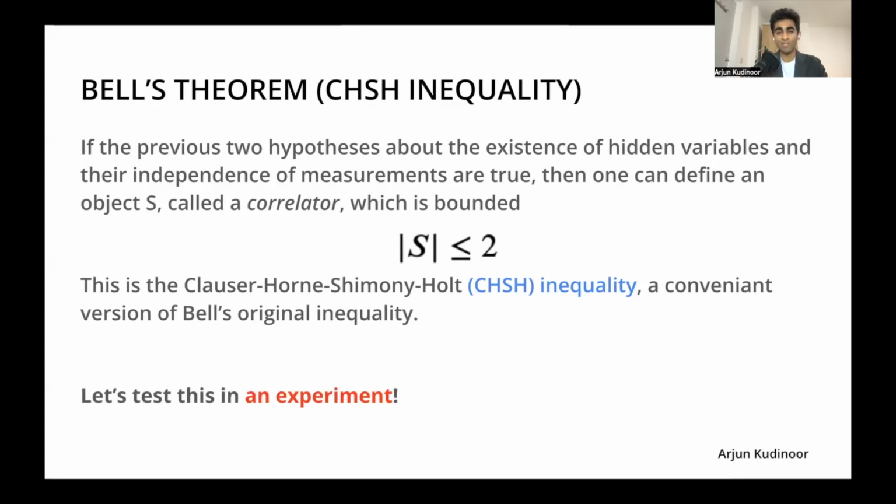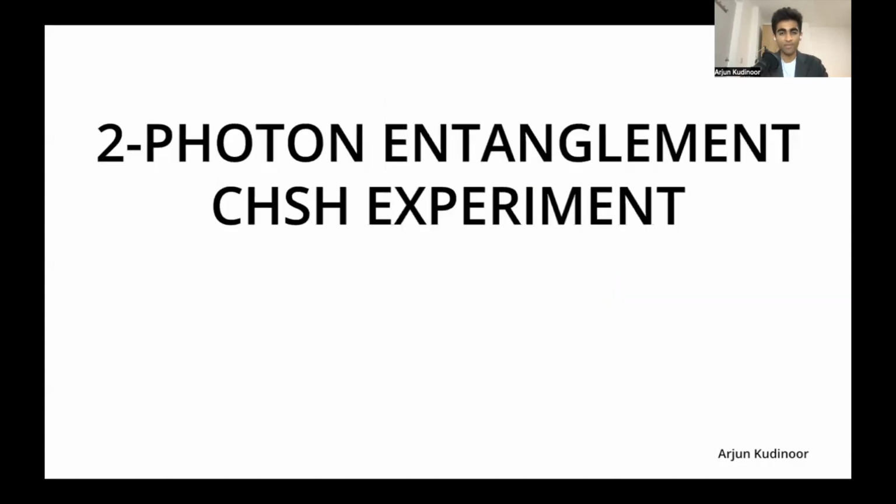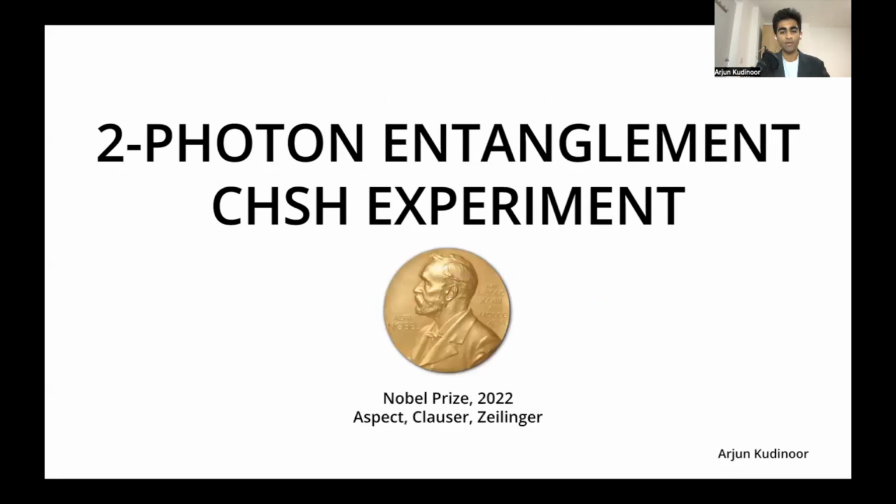Okay, so let's get into it. We can test this in an experiment. We call this the two-photon entanglement experiment. Basically, we're going to entangle two photons and then construct this correlator S and see whether or not it gives us values that are always less than 2. The experiments that violated Bell's inequalities won the Nobel Prize in 2022.